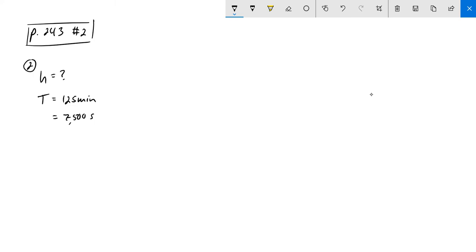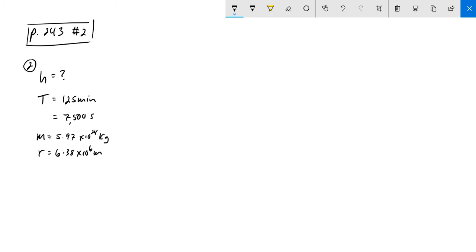This information is on the back of your formula sheet. It's also in some of the problems in the reading. So the mass of the planet is 5.97 times 10 to the 24th kilograms, and the radius of the planet, I'm going to use little r for this, is 6.38 times 10 to the 6 meters.